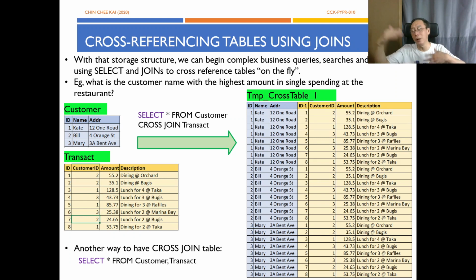So all possible combinations are spelled out or laid out in this temporary joined table. Versus inner join. Inner join is not shown here, but we'll discuss it in a few slides. Inner join is intersection. So union, intersection, very simple, right? Cross join, union. Inner join, intersection. So the "in" means intersection. Just think of it that way.